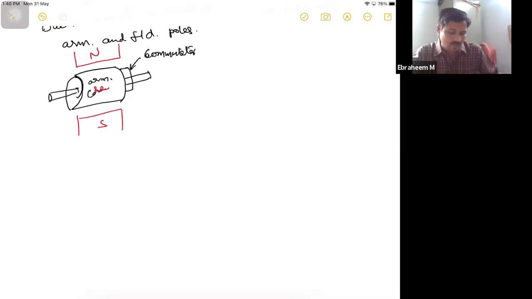When the armature passes through the influence of the South Pole, that part of the armature core is magnetized as North Pole. And because it is rotating, it obviously comes next into the influence of the North Pole. So when it passes through the influence of the North Pole, you will have the armature core magnetized as a South Pole.